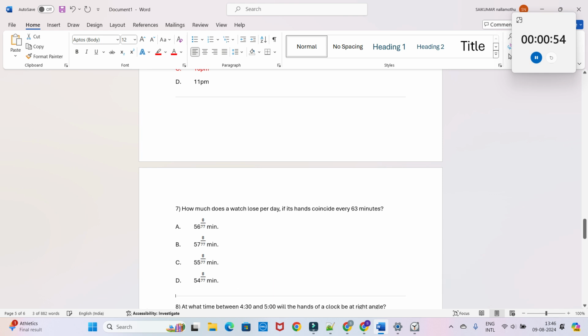Your time starts now. Your time is up. So you can see here the question: how much does a watch lose per day if it coincides every 63 minutes.